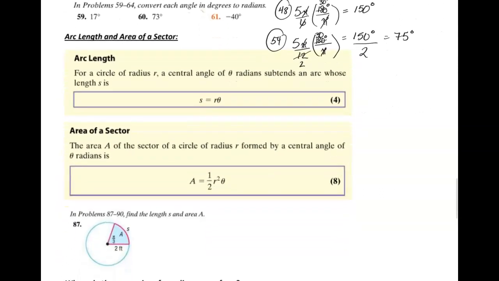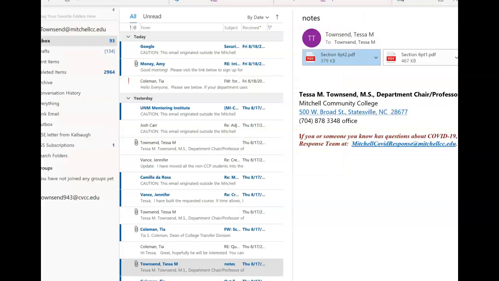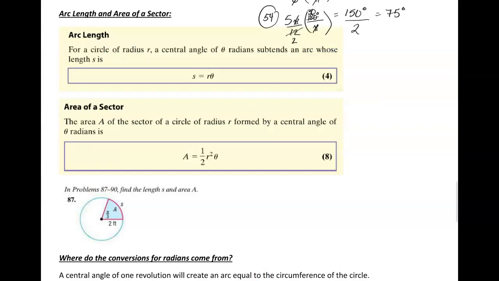Now, radians are nice because some of the formulas that we have are actually intended to be used with theta being the angle measured in terms of radians. So let's look at arc length. For a circle of radius r, a central angle of theta radians subtends an arc whose length s is s equals r theta. So here's what we're saying. We've got this circle here.